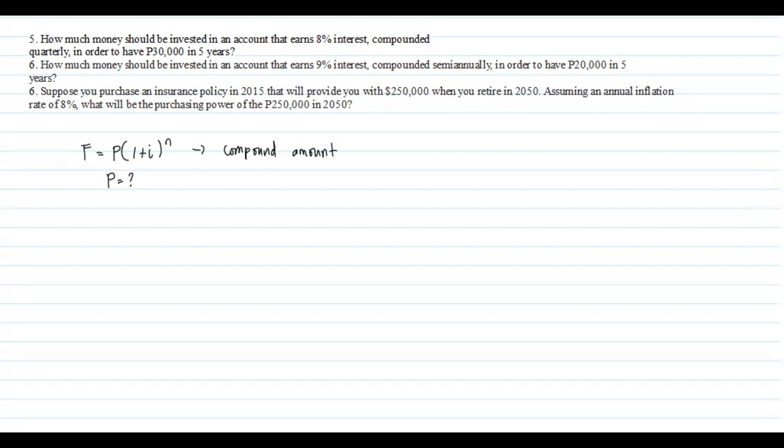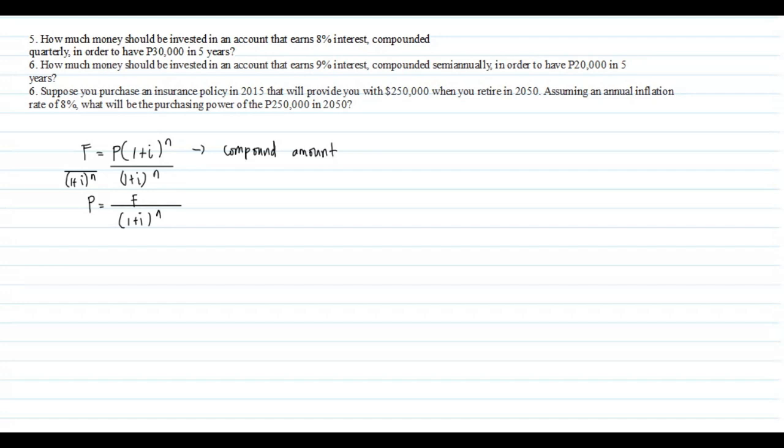So if we are going to isolate P there, it's going to be dividing 1 plus I raised to N on both sides, para maka-derive kita in equation that would always give us our principal amount. So now, P is equal to F divided by 1 plus I raised to N.